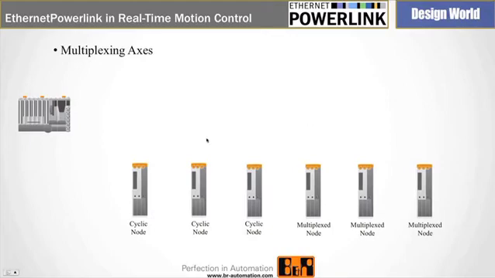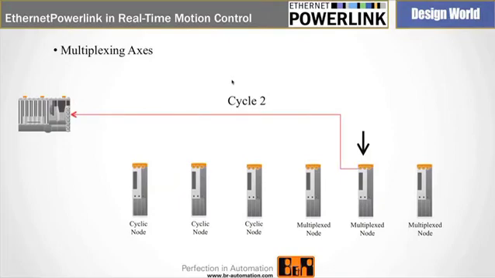So in this particular example, of course, you will have some nodes that aren't transmitting data back all the time. They're just listening, and these are obviously called multiplex nodes. And here what we see, and I hope everyone can see the animation there, we see that during one cycle, the cyclic nodes are being transmitted back, but in subsequent cycles, the multiplex nodes are transmitting back.